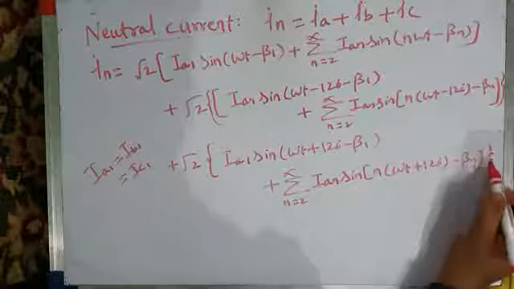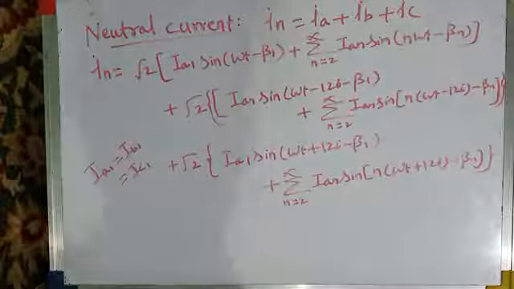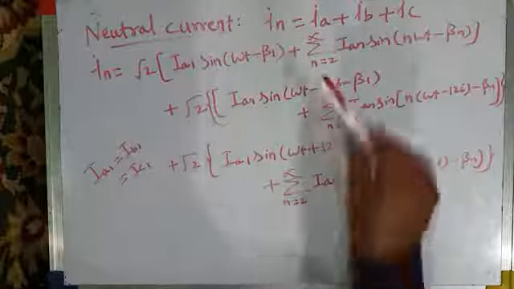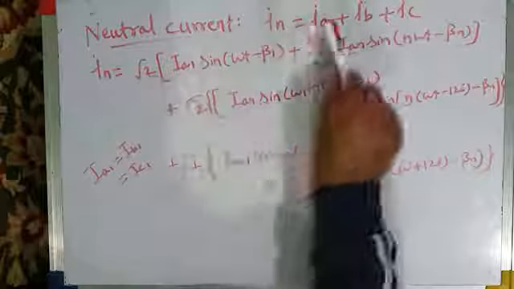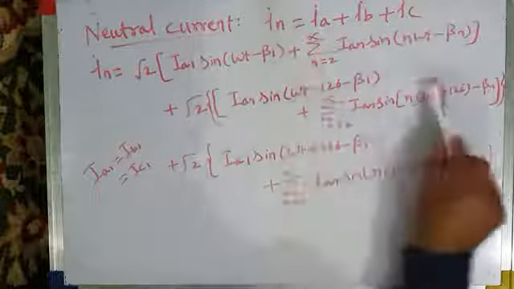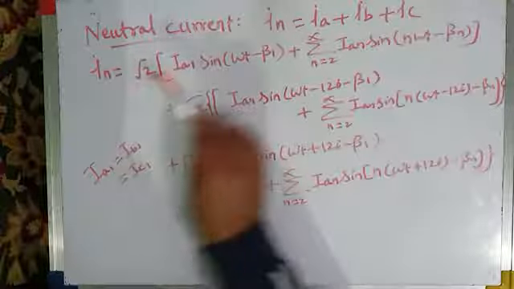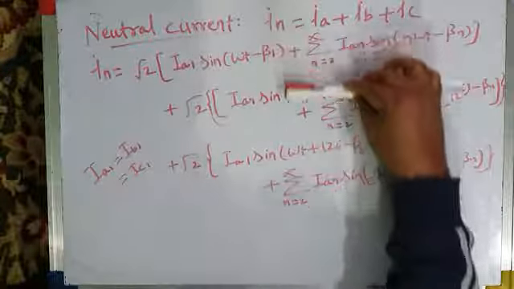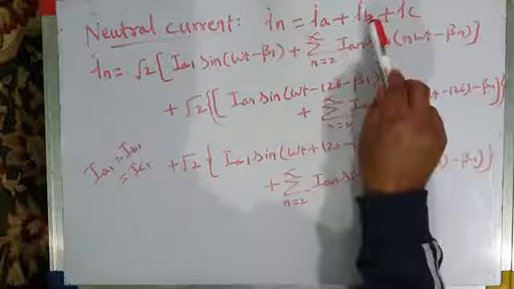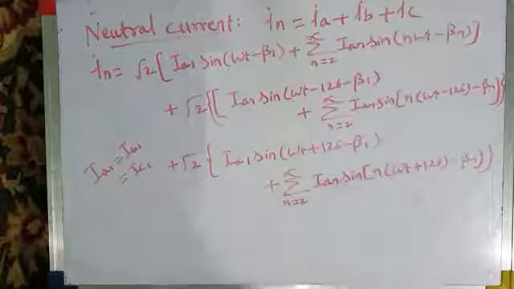We have already written this equation just a few moments back. We have written the mathematical expression for IA, which is this, IB is this, IC is this. Now your neutral current is the phasor sum, or the sum, of these three currents, IA plus IB plus IC. That's what I am writing here.